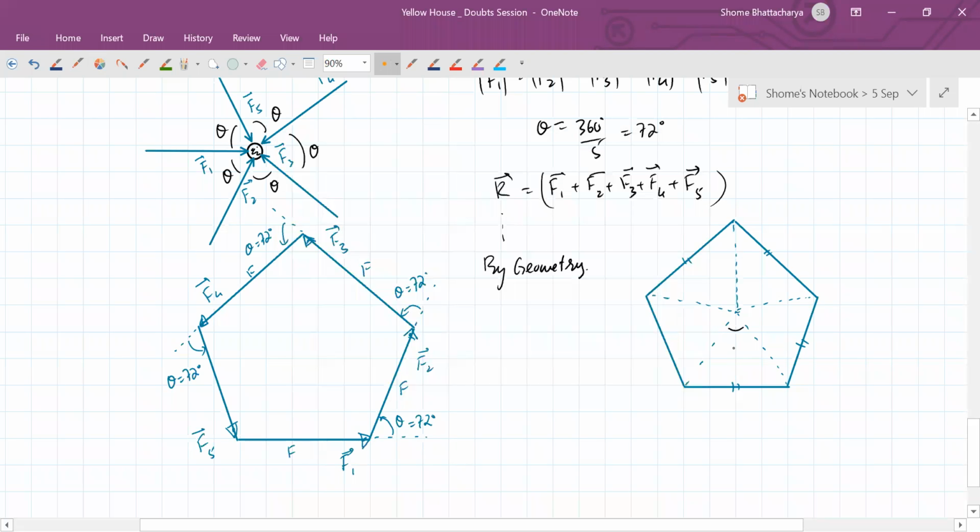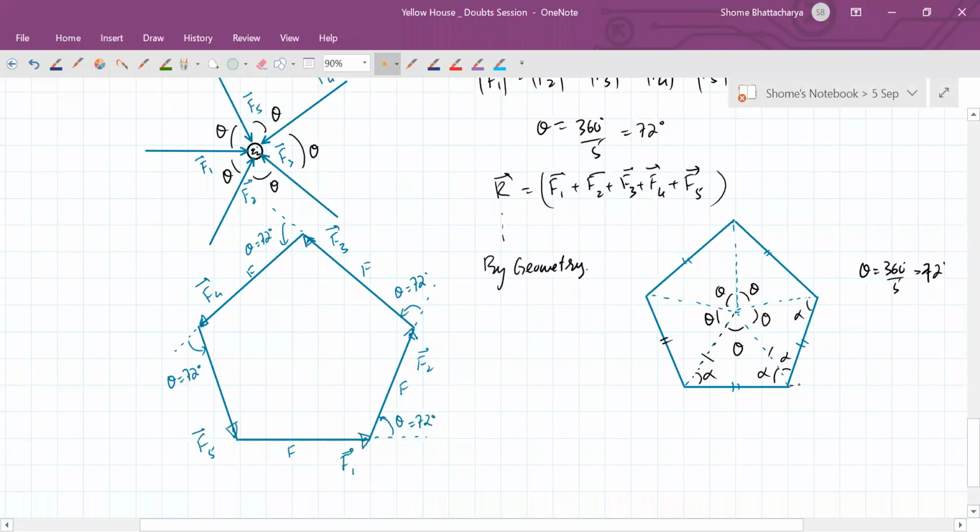Because these sides are equal, these angles will have to be equal. So each of these theta will be 360 by 5, which is 72 degrees. Now within this, because of the symmetry, this side is equal to this side. So this angle, suppose alpha, is equal to this angle. And all these triangles are congruent, so these angles are also the same.